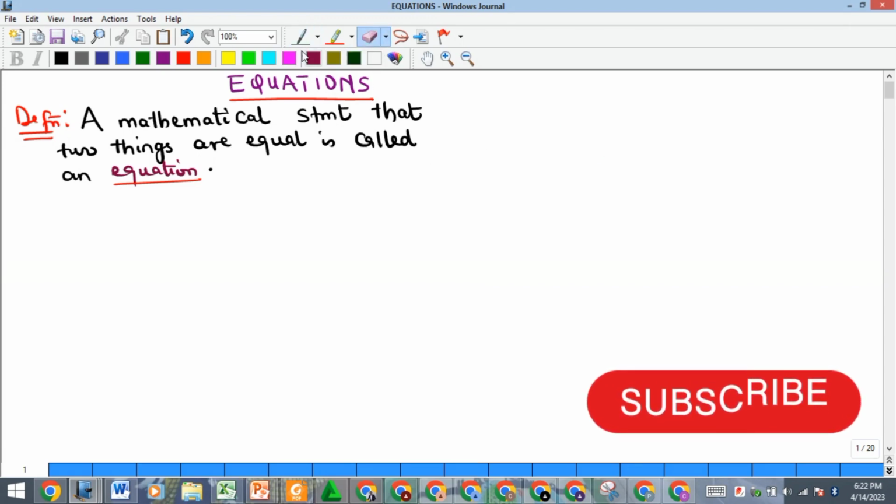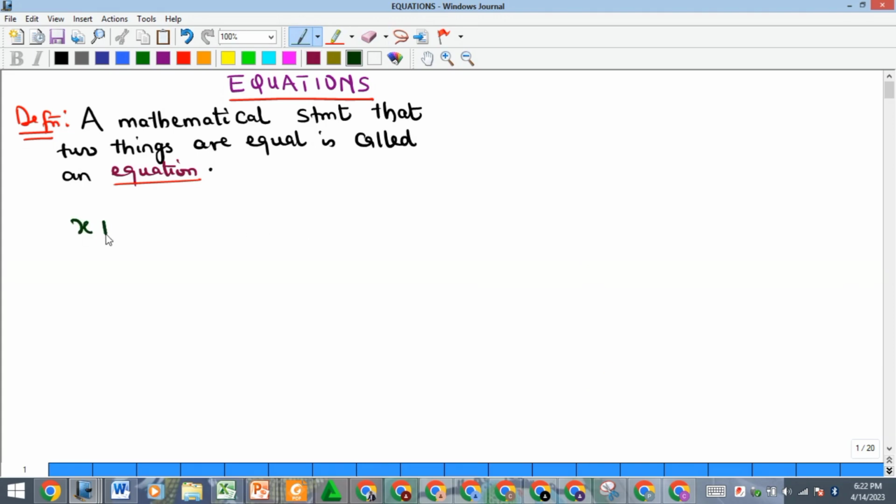So, for instance, I can say that x plus 5 is equal to 0. The implication is that there is a number which I do not know and I am calling it x, that I will add 5 to and I will get 0. So that is what this statement is.